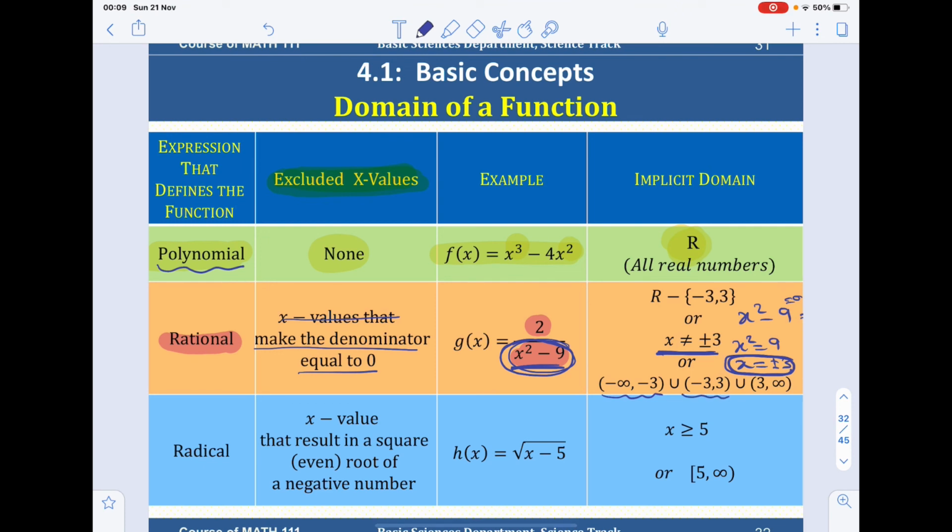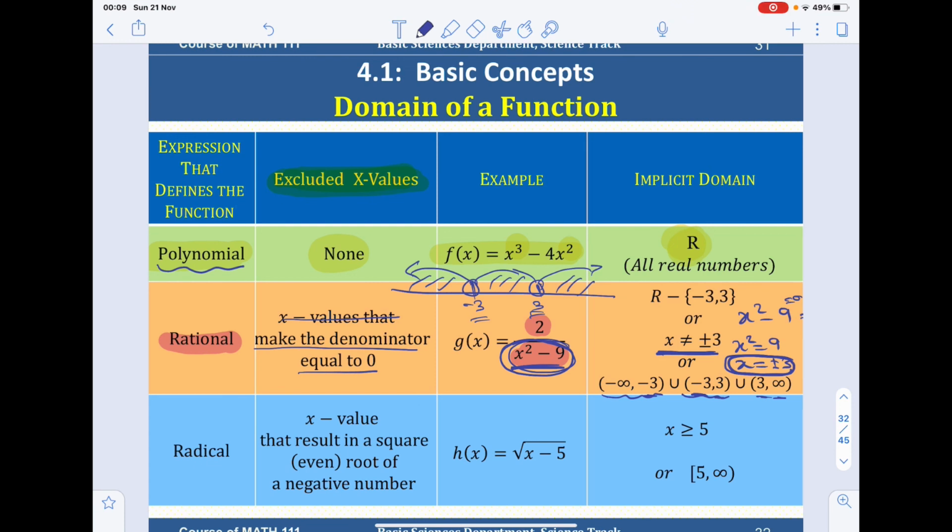From negative infinity to negative 3 open, then open again from negative 3 to 3, then from 3 to infinity. So it looks like I have negative 3 and 3 here, and I will have all these intervals, but without including negative 3 and 3, because these two values make the denominator equal 0.